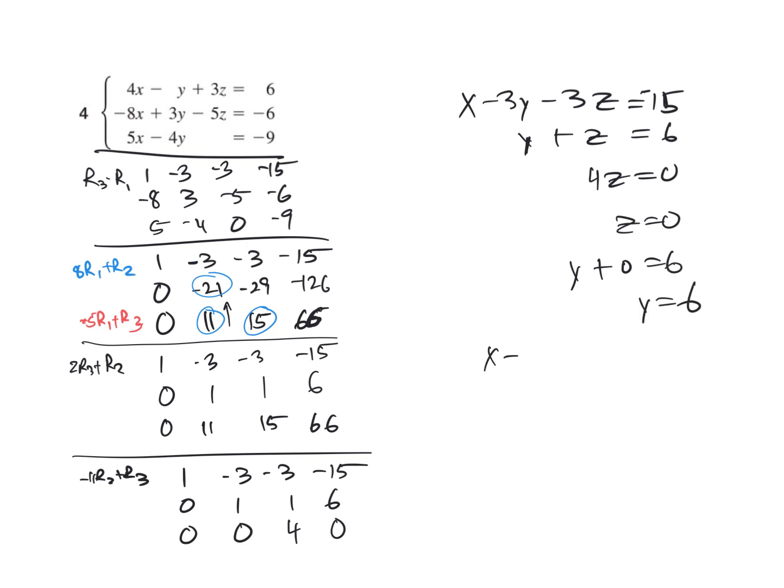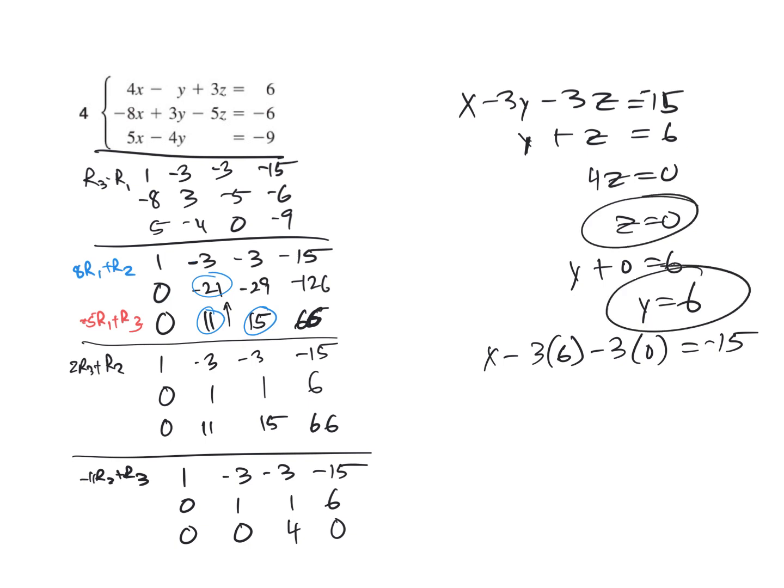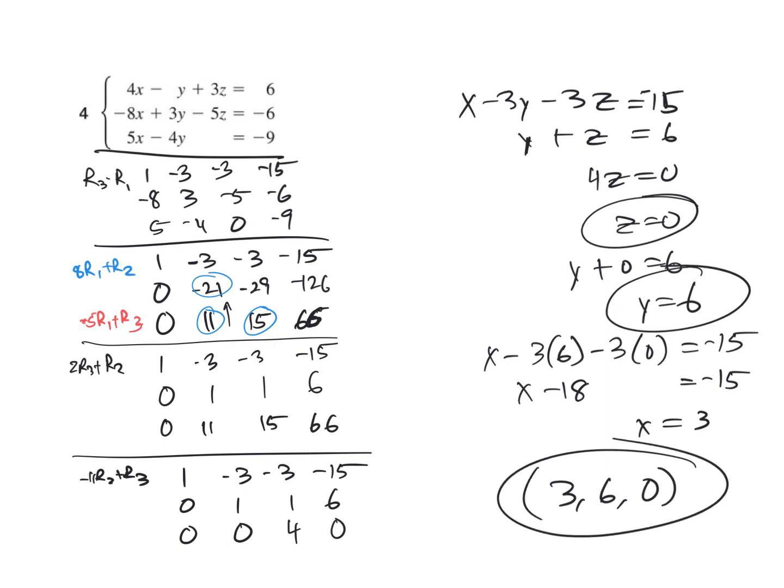And then so x minus 3y minus 3z equals negative 15. What is that? So those are your y and your z's. So x minus 18 equals negative 15. Add 18 and x equals 3. So we have 3, 6, 0 as our answer.